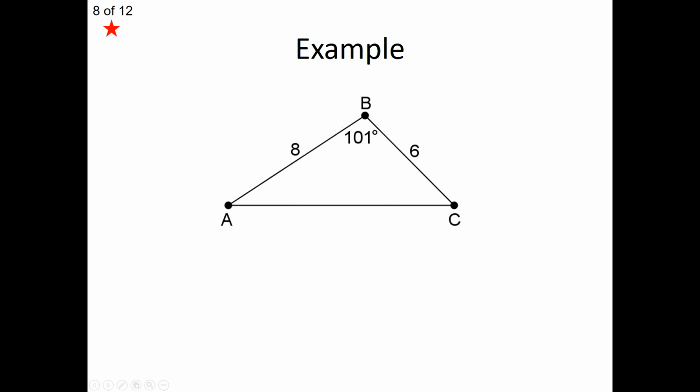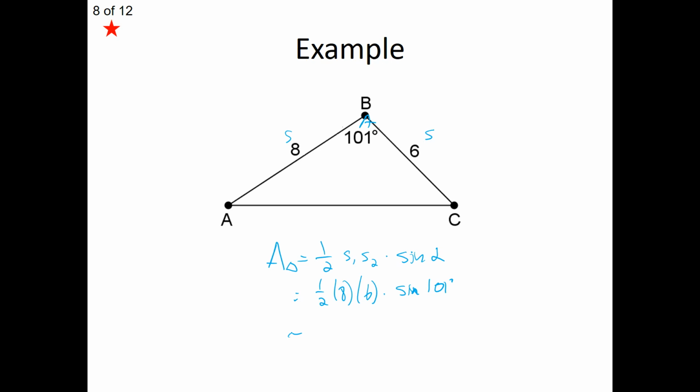So let's put this into practice. Let's find the area of a side angle side triangle here. The area of a triangle is 1/2 the product of the two sides, side 1 times side 2, times the sine of their included angle. Again, we have a side angle side pattern here, so let's plug in what we know. We have 1/2 times 8 times 6 times the sine of their included angle, which is 101 degrees.